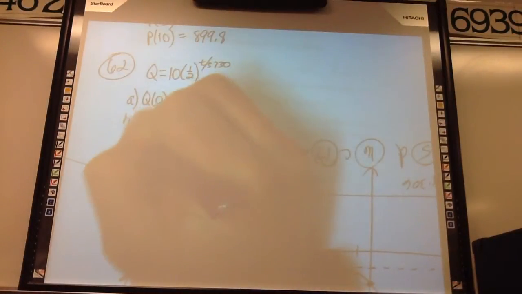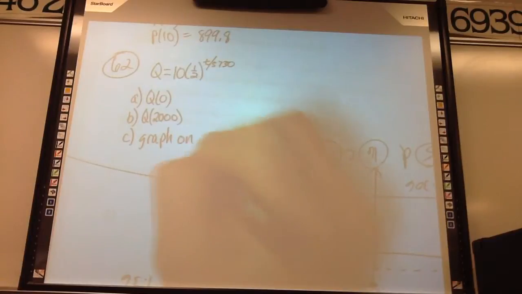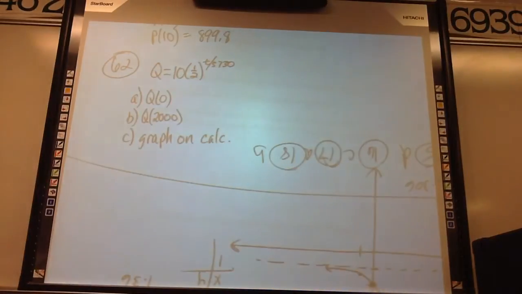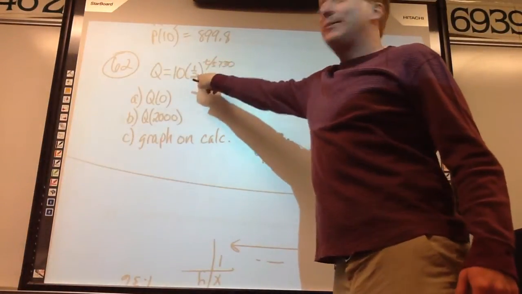So what do you put 0 for t to graph it? Do I put an X for t? Yeah, it's just your independent variable on the calculator. It always says X. Doesn't matter what you write on the paper. When you put it in the calculator, you have to put the t divided by whatever in parentheses, because you want it to divide first, and then make that whole thing the power.